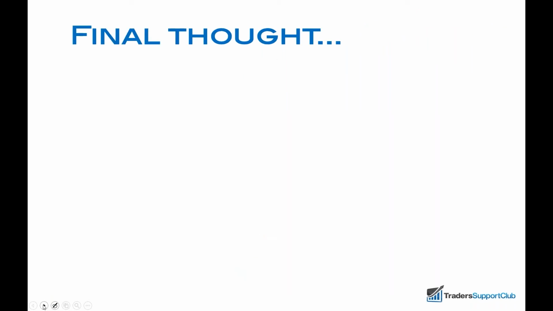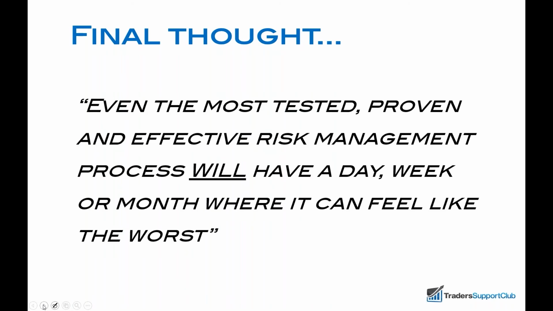And a final thought. I mentioned this at the start, that even the most tested, proven, effective risk management process will have a day, a week, or a month where it can feel like the worst. And some of my students have spent hours testing a way of managing and trailing stops, and they've optimized their data.